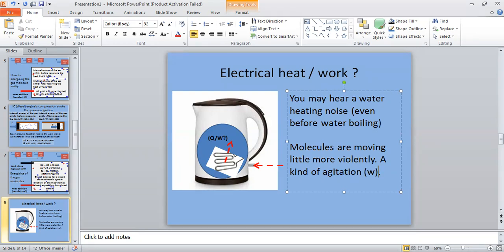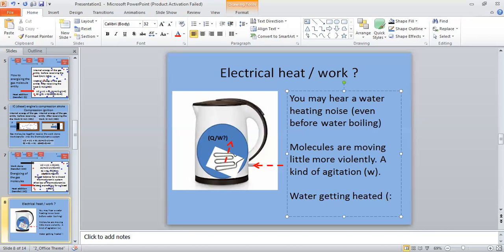Boiling, of course, makes a higher noise, so more agitation. So this heater does this agitation very silently. And another way, you can see the water getting heated, because the temperature is rising. You feel hot.